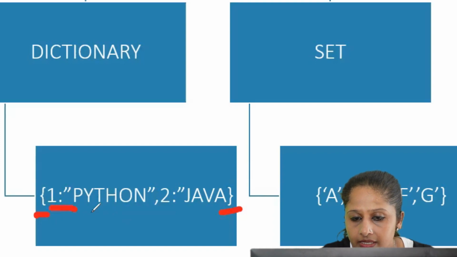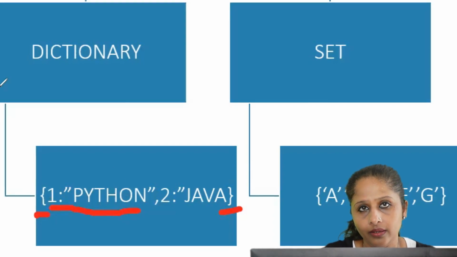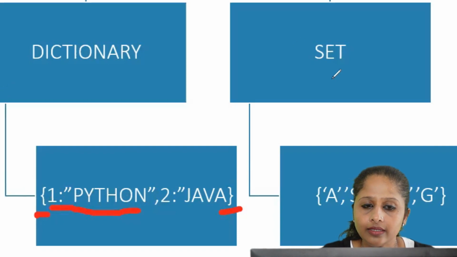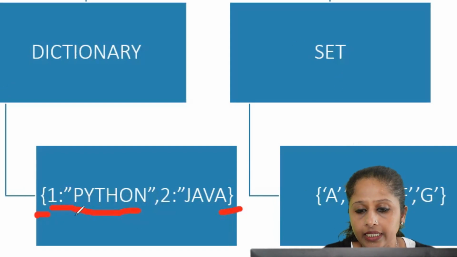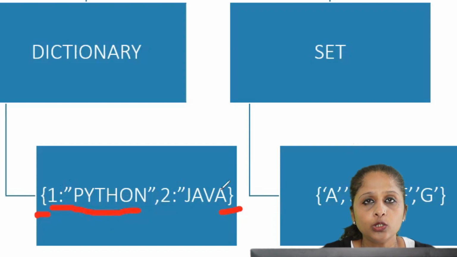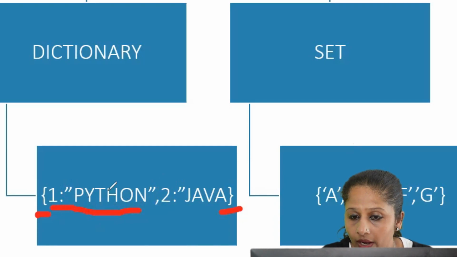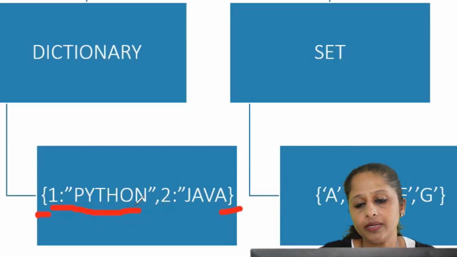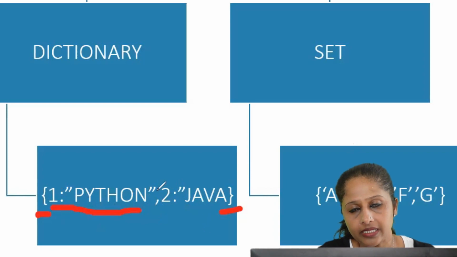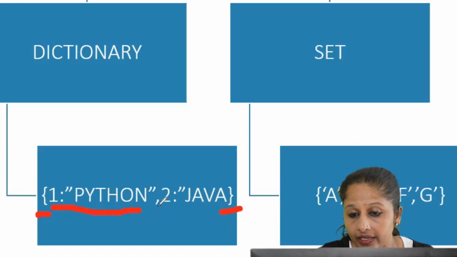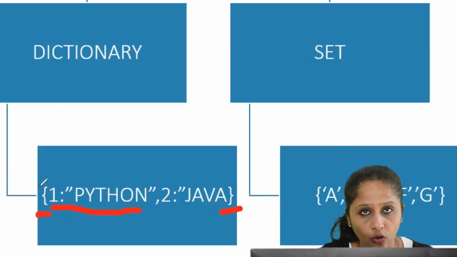Here the first item we are writing as a key value pair. We will study dictionary, tuple, list, set, everything in detail. But this is actually a dictionary literal. Our key value pair, that is the first item, is 1 Python. So the 1 represents Python, 2 represents Java. Like that we are writing, and it is separated by commas.